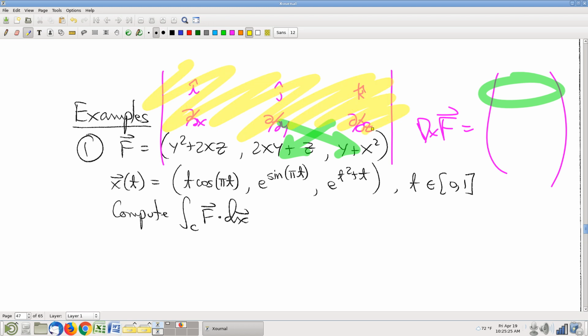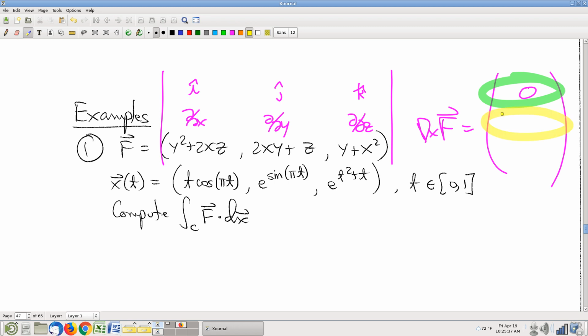I just need to remember, okay, yeah, that's what I'm doing. And so that y partial minus that z partial is 0. Okay, second coordinate. The second coordinate is going to be, well, I'm going to take the z partial of that minus the x partial of that. And let's see here, the z partial is 2x, the x partial is 2x.